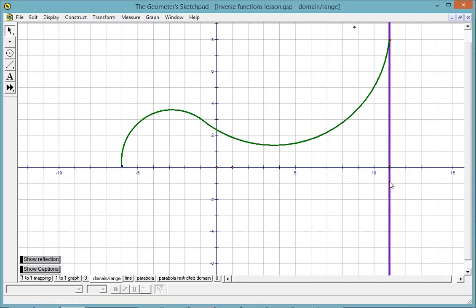So x is 11, we look up to see how far up y is, and y is 8. So we know that f of 11 is 8. And f of 10 is 5, because we're looking right here where that intersects, right?